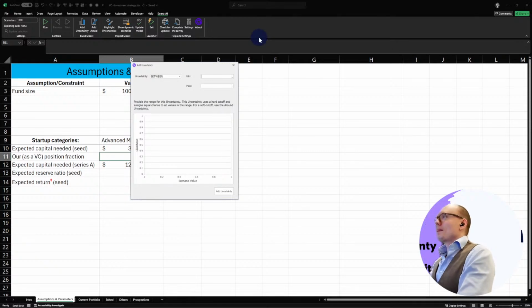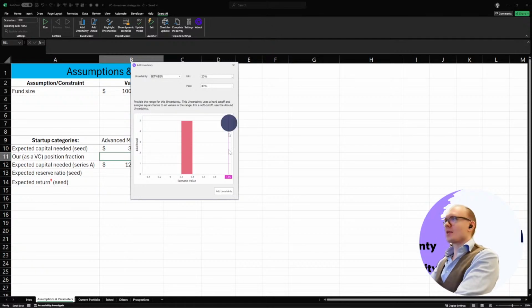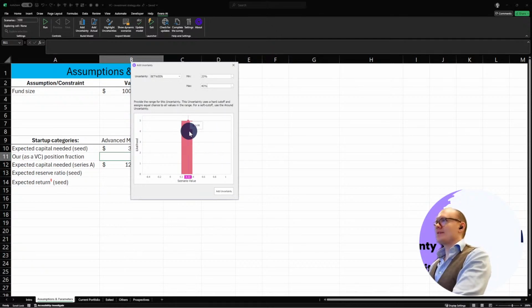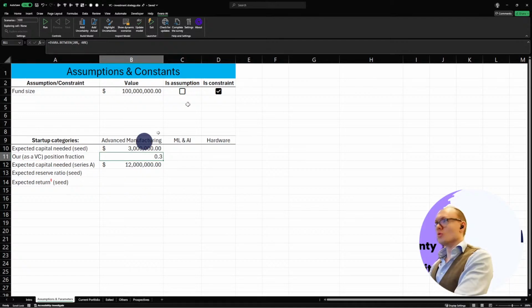But here we might just say we don't want to go lower than 20%. We want to take at least that. We also don't really want to take more than 40. And now you can see we have this nice little box, and that says exactly that, namely that we'll not go lower and we won't go higher. And that is a general rule.